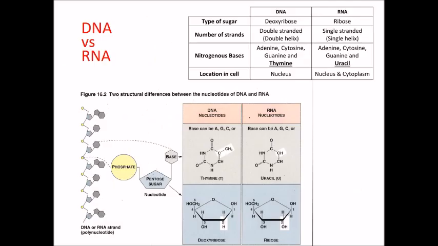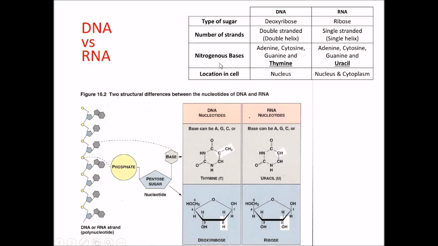Okay, so in conclusion, what is the difference between DNA and RNA? DNA's type of sugar is deoxyribose, RNA has ribose sugar. Number of strands: DNA has 2 strands, a double helix structure. Meanwhile, RNA has only a single strand, which is known as a single helix structure.